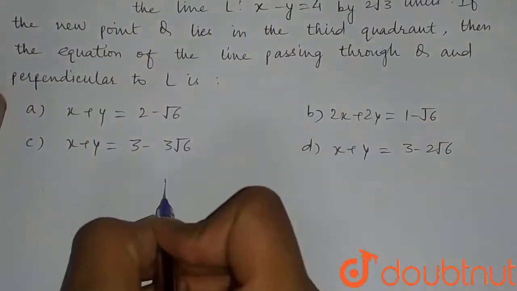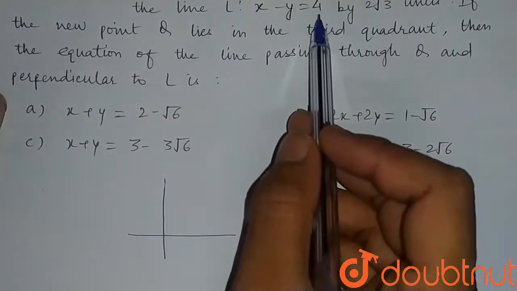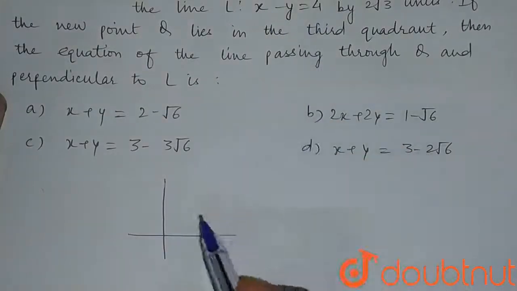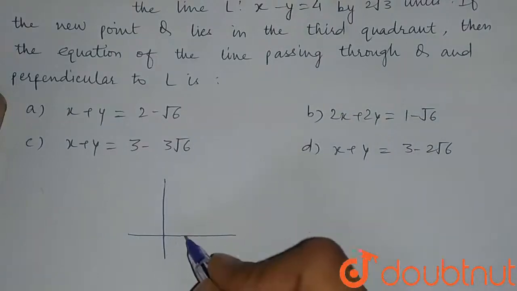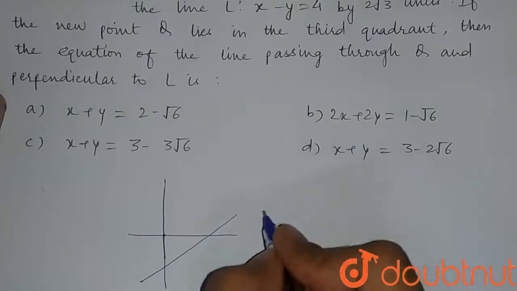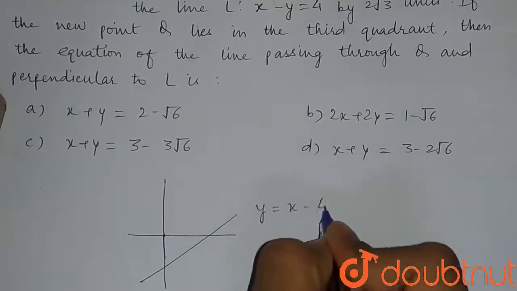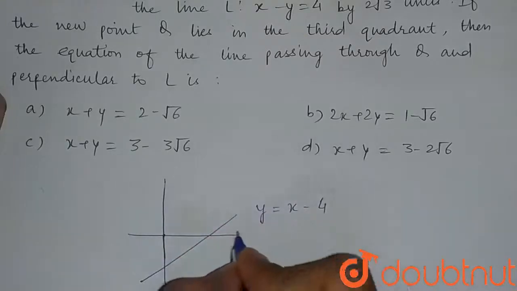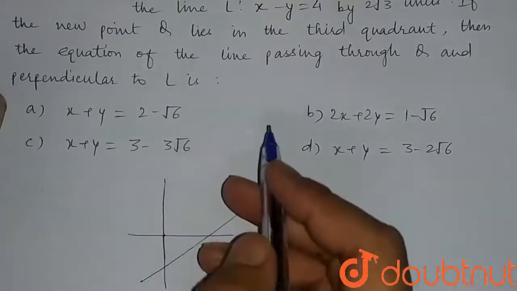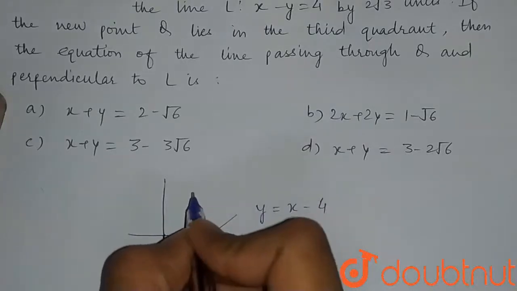Let's say we have the line x minus y equals 4, which can be plotted as y equals x minus 4, and the point we have is (2, 1). So (2, 1) lies somewhere here.